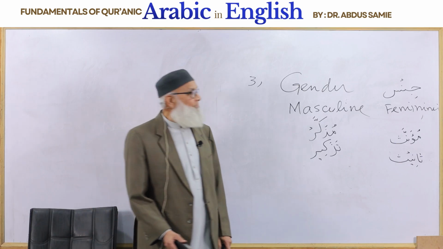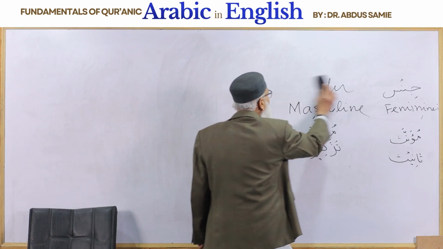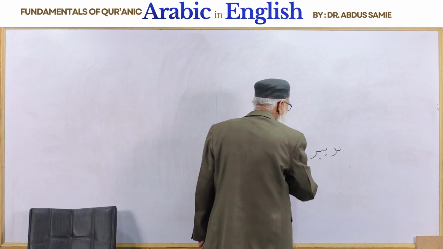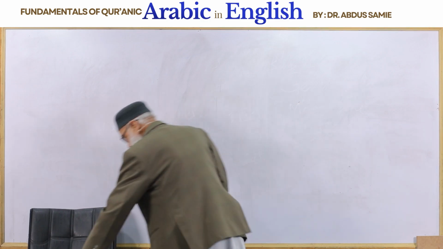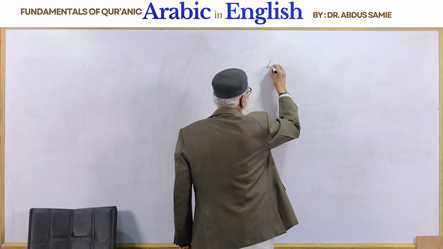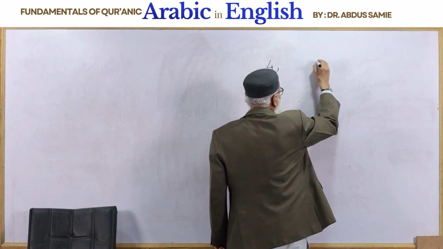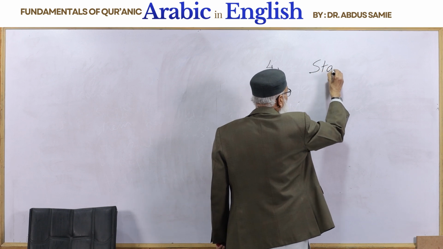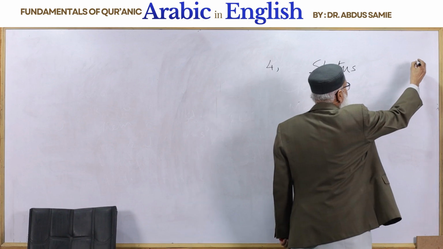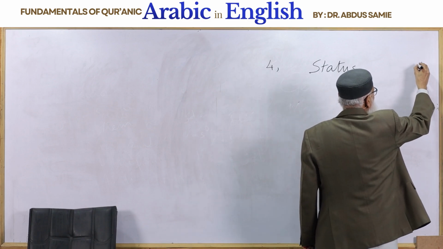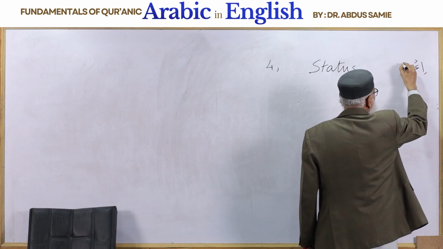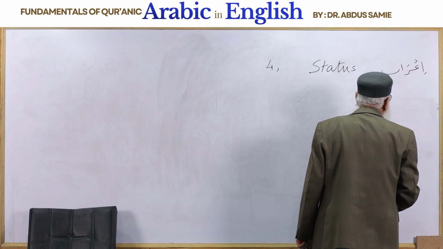Status of a noun. Number 4, status. This is called i'rab.